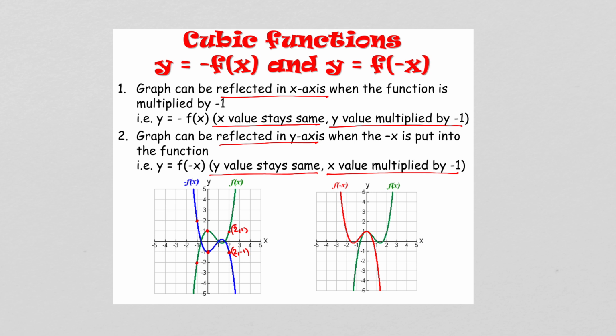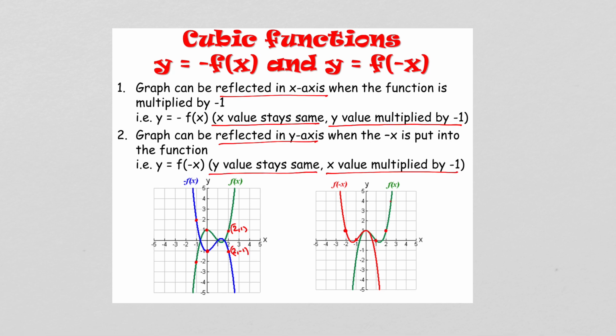The same can be said over here. If I go out to 1 and up to 0, well, if I multiply x by minus 1, that becomes out to minus 1 and up to 0. I can go out to 2 and up to 1 and multiply my x value by minus 1. That becomes out to minus 2 and up to 1. And I could pick one more point where I go out to 2.5 and up to 4.